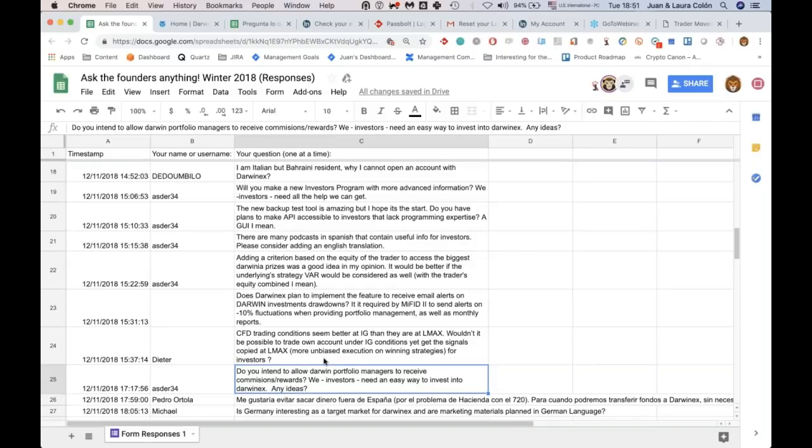If that is the case, we are experimenting with some technology internally whereby it would be possible to purchase a portfolio of Darwins. We have no plans to release this to the public, but it's something we're working on to experiment with technological performance and also which possible business models would be compliant, good for the end investor, and enable a viable business model for portfolio managers. So this is an area we're experimenting in.